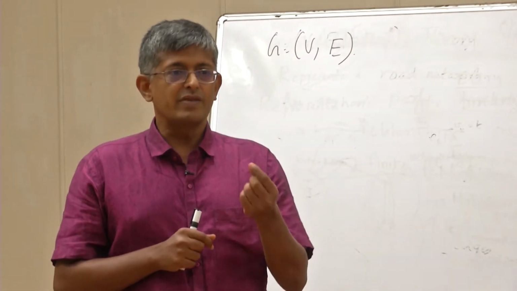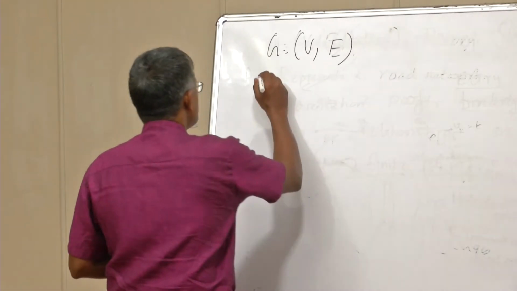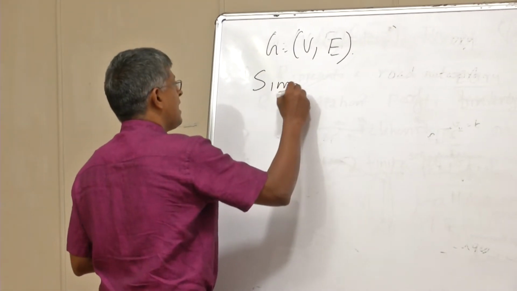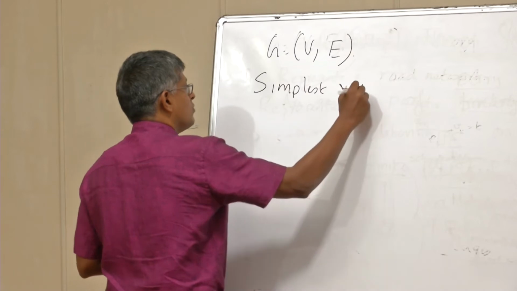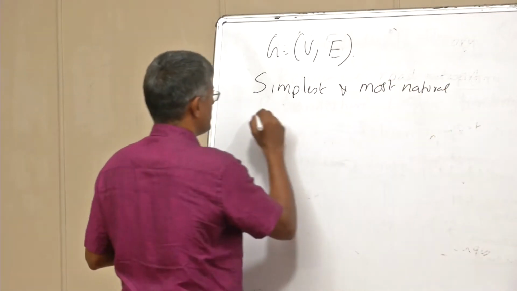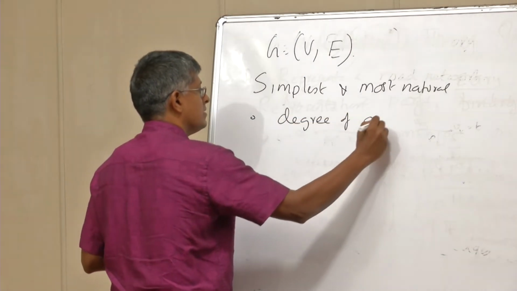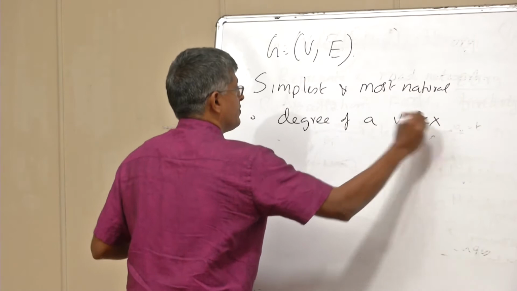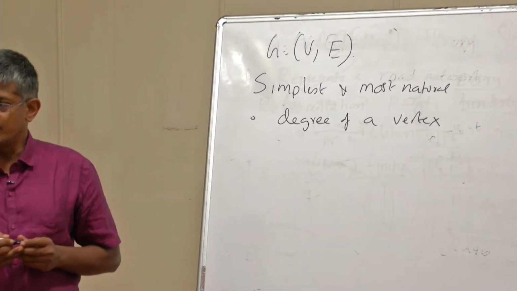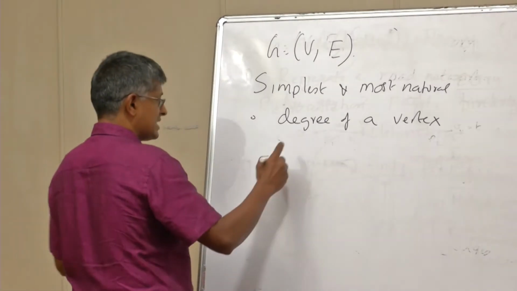So now let us see the properties of the degrees of every vertex. I am going to define this concept now. The simplest and most natural is the concept of the degree of a vertex. The degree of the vertex is a positive integer, as you will see quite obviously.